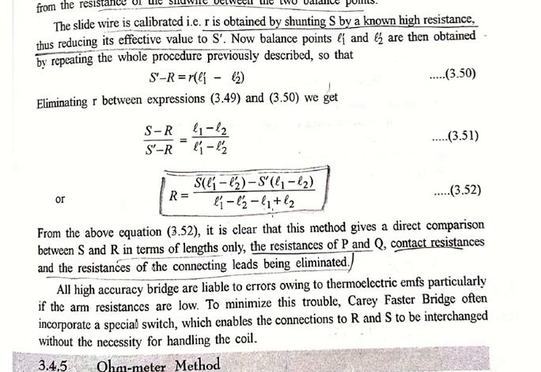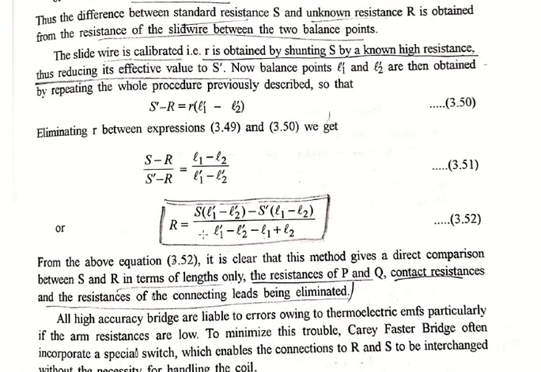So finally the unknown resistance R equals S (L1 dash minus L2 dash) minus S dash (L1 minus L2), whole divided by (L1 dash minus L2 dash) minus (L1 minus L2). In this equation we have a direct comparison of S and R in terms of lengths only.